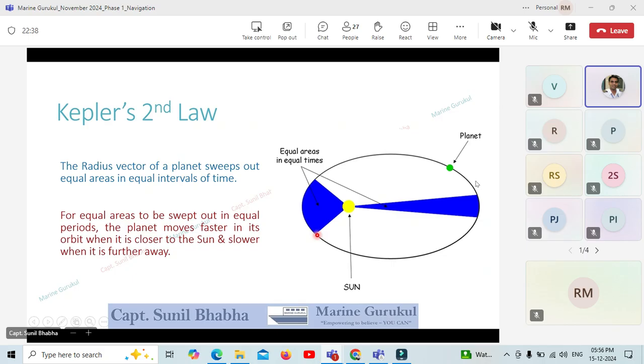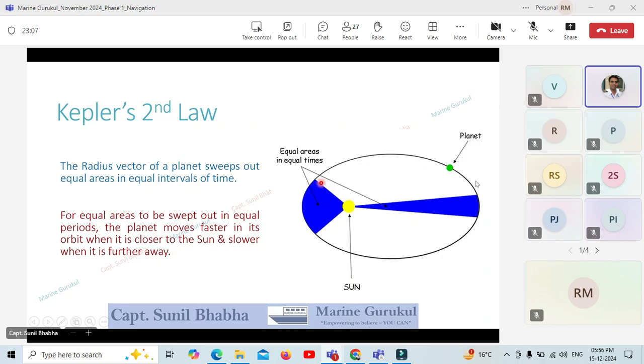Now, what does this tell us about the motion of the planet in its orbit? If the planet has to sweep out equal areas in equal intervals of time, the planet will have to move faster in its orbit when it is closer to the sun. You see, at this particular location, the planet is much closer to the sun as compared to the previous observation.